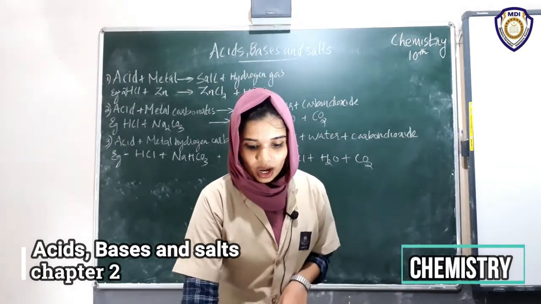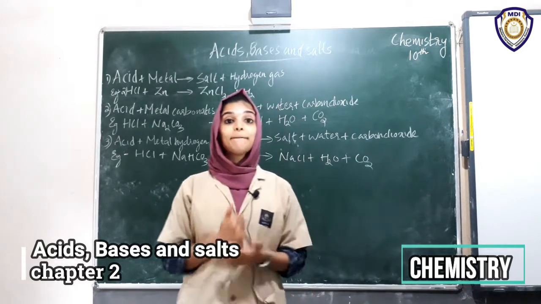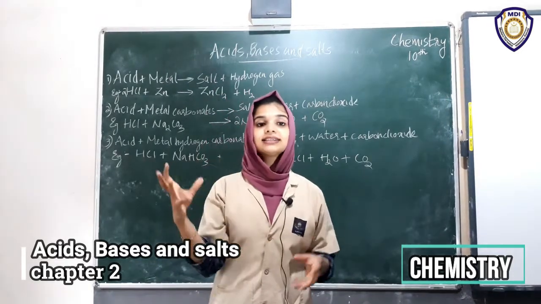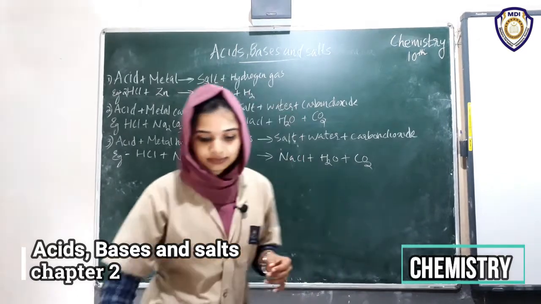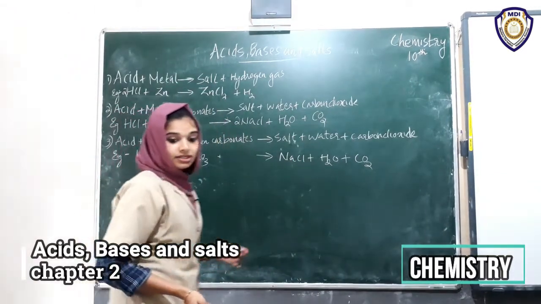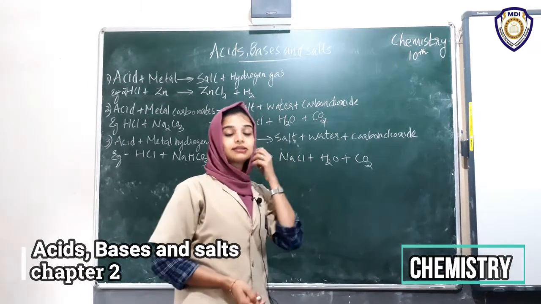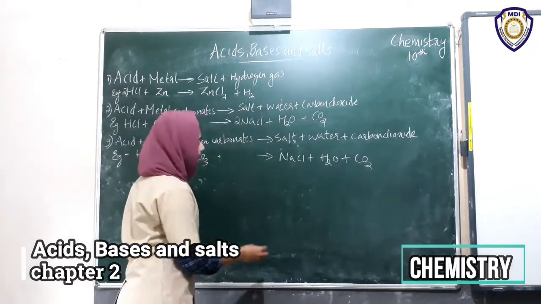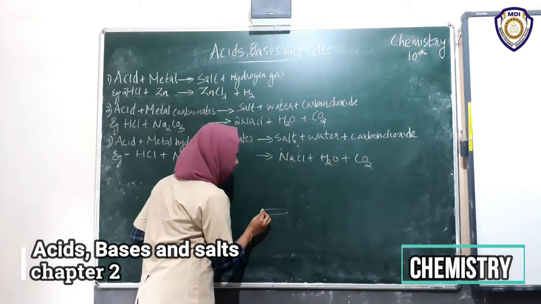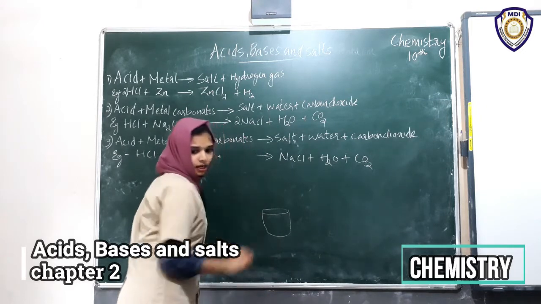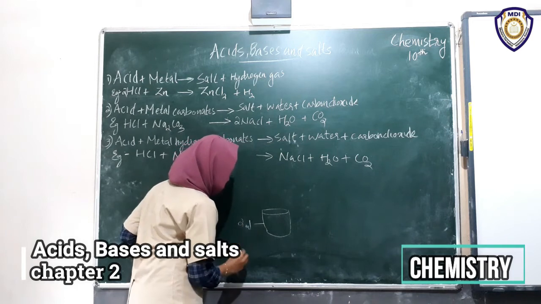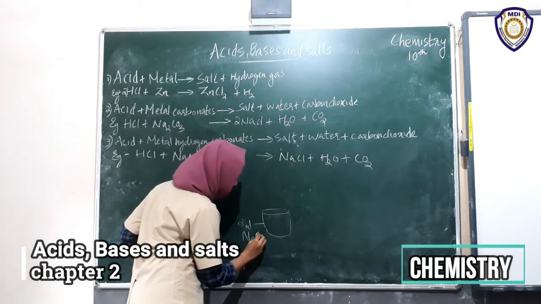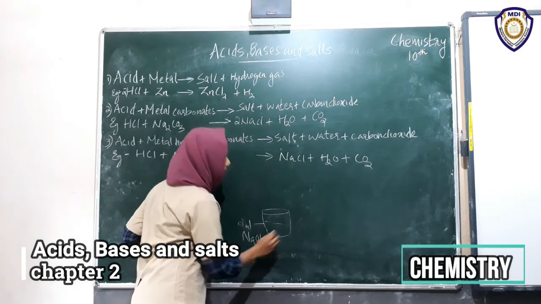Now we are going to check what happens when we add acid and bases together. There is an activity given, activity 2.6. Take 2 ml of NaOH, sodium hydroxide, in a beaker.